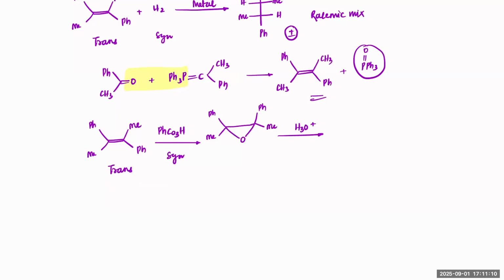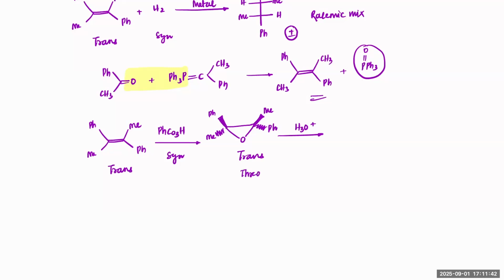So syn kind means if this is coming out of the plane, then this phenyl has to be inside the plane. Okay. Same way, like this. Here, methyl should be here. Phenyl should be here. Correct? Isn't it? And now, this is like a trans form now. Okay, it is basically syn, but because it is cyclic, we can express it as trans also.